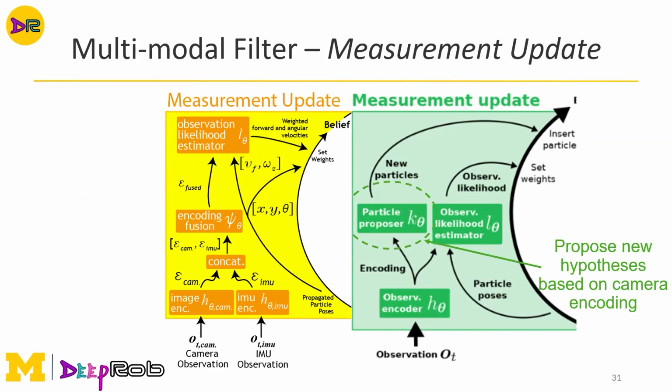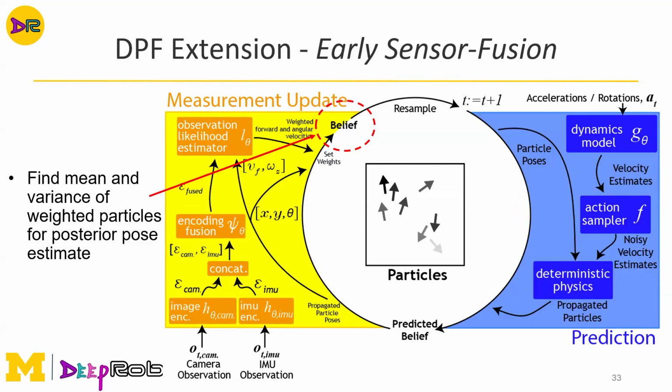of the particle filter. Furthermore, the original implementation uses a particle proposer to construct new particles that are not currently of the set. We don't do this and instead use a richer dynamics model, which you saw on the previous slide, in order to get sufficient expansion of particles throughout the state space.